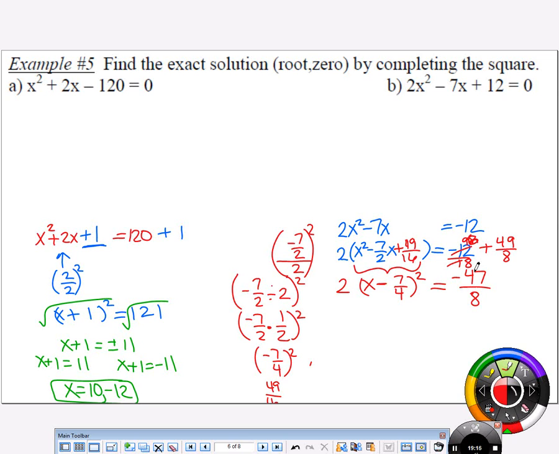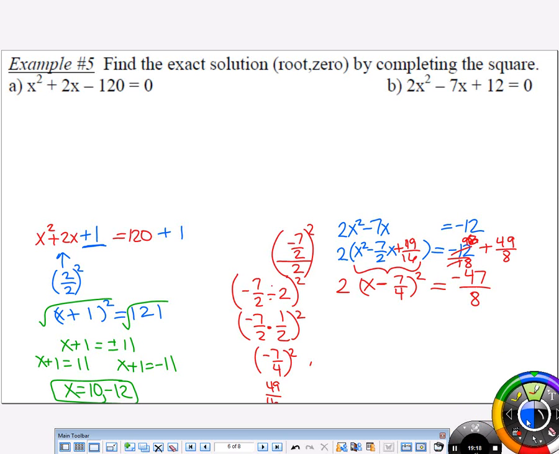I'm done completing the square. Now I just have to be able to solve. What needs to happen? Denisa? Yeah, I want to divide both sides by 2. And those of you that are going to freak out when you have a fraction divided by 2, dividing a fraction by 2 is the same thing as doing what? Dividing by 2 is the same as multiplying by 1/2.